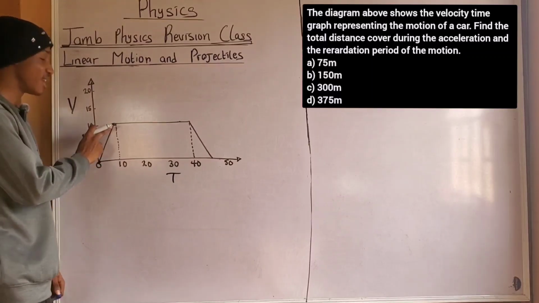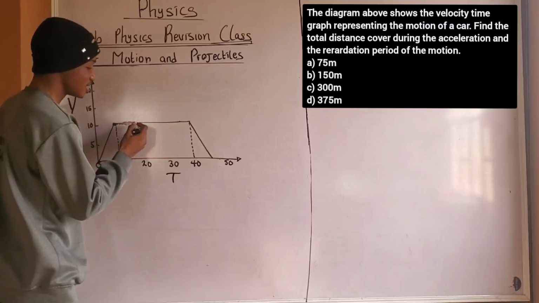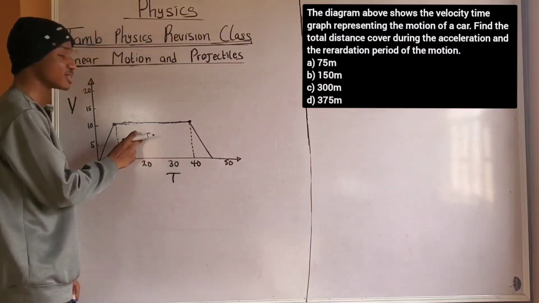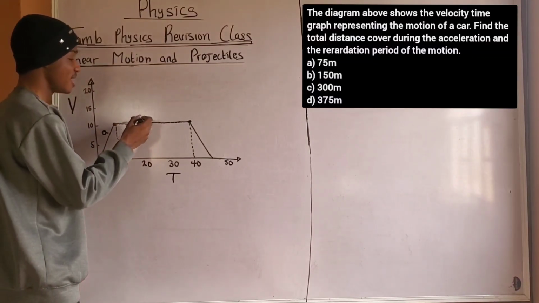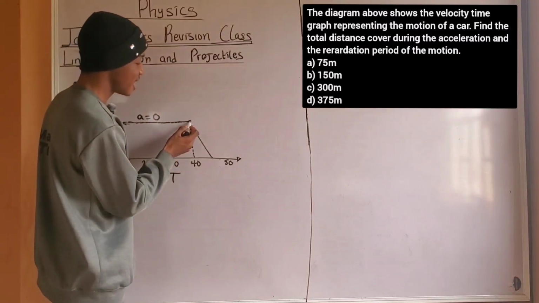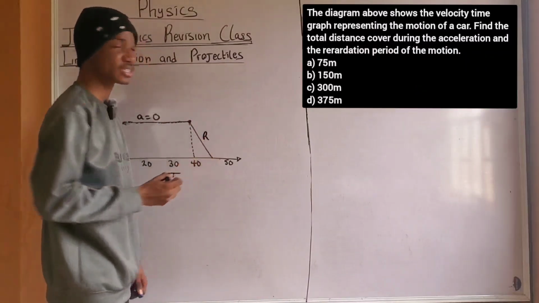Having gotten to the velocity of 10, it maintains a constant velocity. So in the second stage, the velocity is constant. Here, a equals 0. There is no change in velocity. Now, here the velocity decreases. That is retardation.